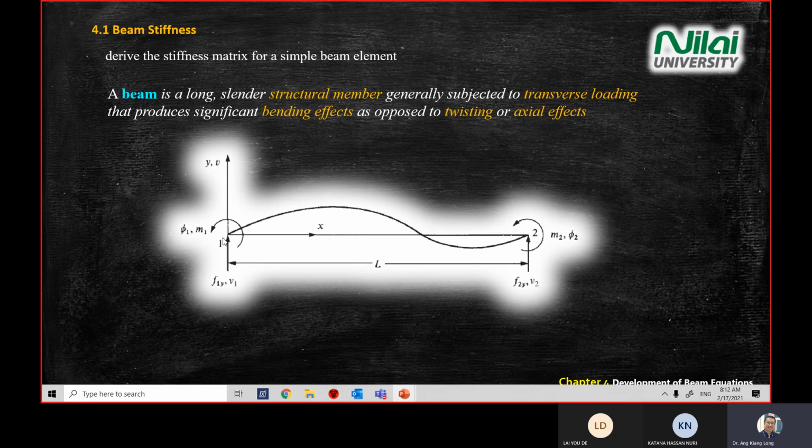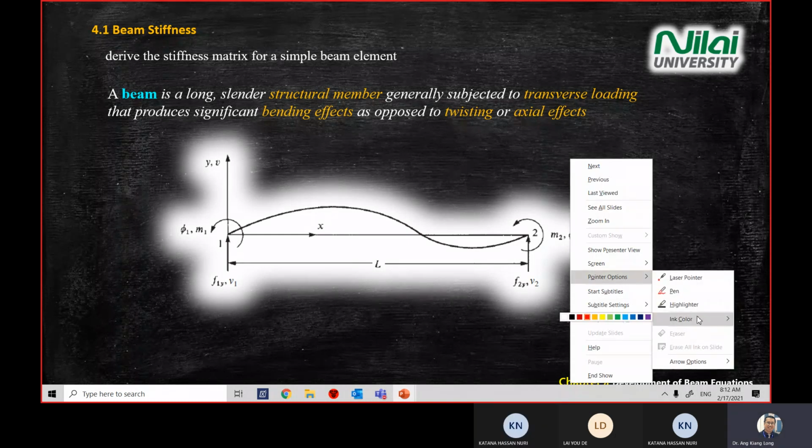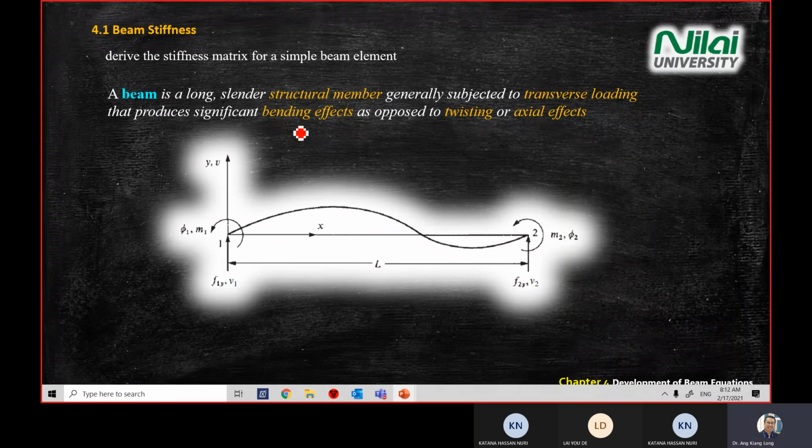After the loading on the member, this structure will behave under the effect of the loading. It might be experiencing bending and also twisting or axial effect. All right. So again, in this chapter, we will look at 2 effects. One is bending, one is twisting.